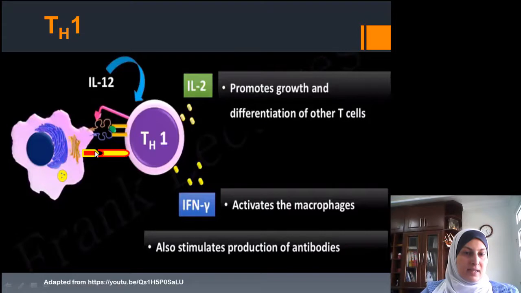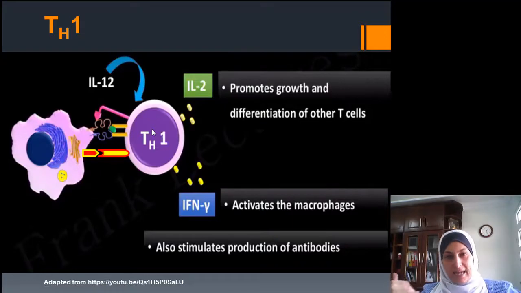We need the second signal, which is the CD28 binding to the CD80 or 86. So this is the second signal. Now the T cell is completely activated. If it is a CD8, it would just go straight to do its function as a cytotoxic T cell. If it is a CD4, it requires the third signal to determine where to go.